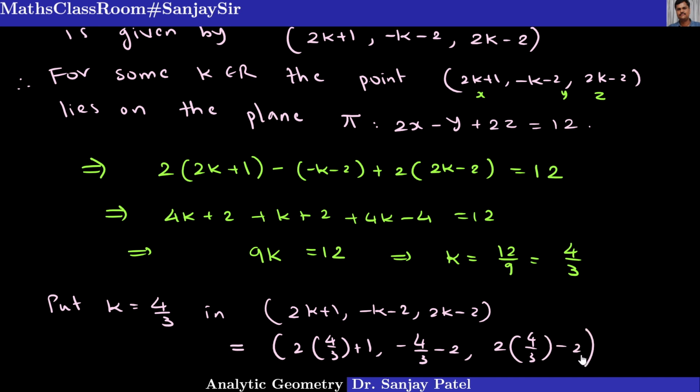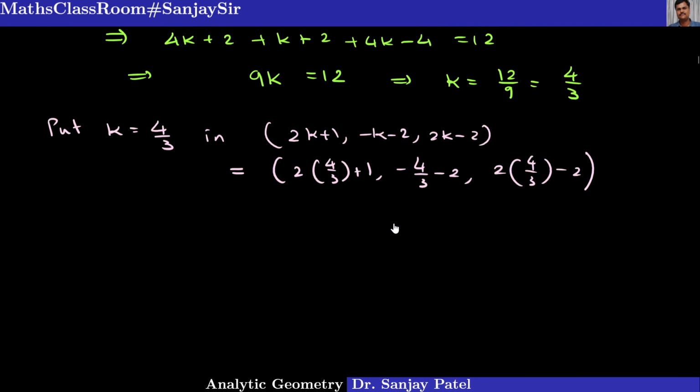If you simplify, 8 by 3 plus 1 is 11 by 3, and minus 4 by 3 minus 2 is minus 10 by 3. And 8 by 3 minus 2 is 8 minus 6, so it is 2 by 3. So this is nothing but the point capital M.